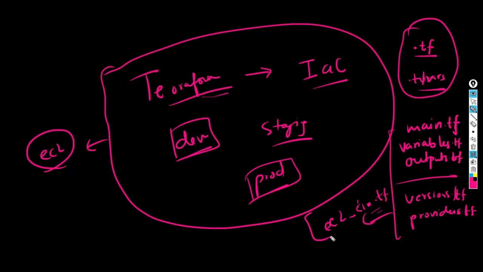Taking this information, we'll go across and work on a simple project structure. We'll see how the project structure goes. For my example, my cloud infrastructure is AWS. And remember, Terraform is used for creating the cloud infrastructure, not for configuration.